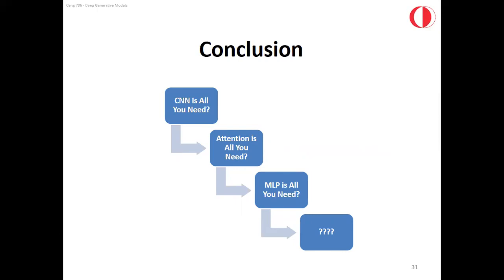That's the paper name, if you really want to read and look at more details. The paper is MLP-Mixer. Do we even need attention? So I would like to ask: where are we going in computer vision or in deep learning?